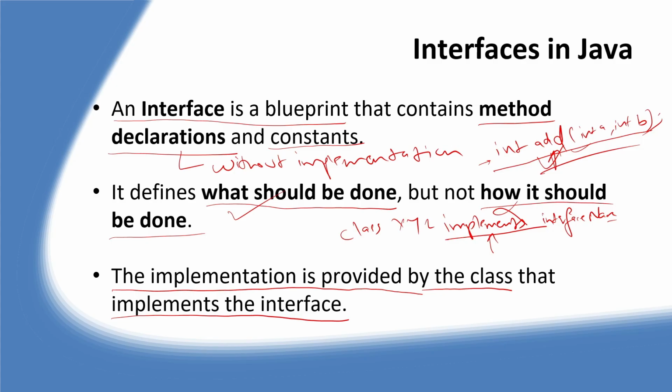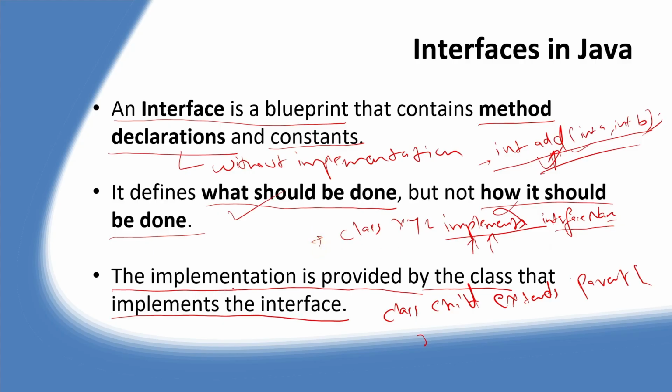That is extends, right? For inheritance, we write class Child extends and the parent class name. This is the syntax for inheritance. But for implementing an interface, the keyword is implements and the interface name. This is the syntax. We'll cover it in the syntax part.